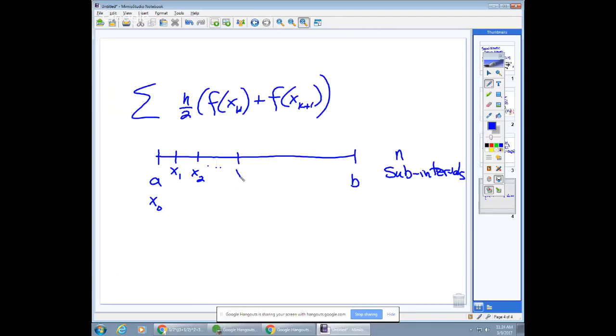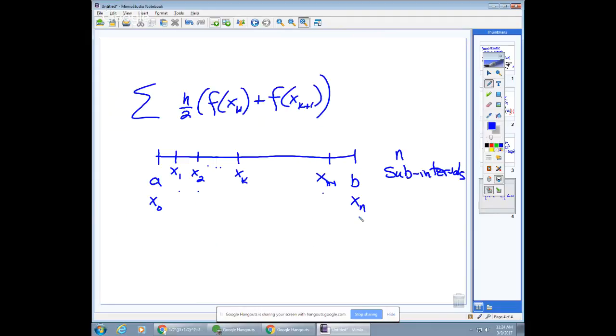Somewhere in the middle is that x sub k, my counter. And then all the way down to the end, the last one here, b, is actually x sub n, and right next to it would be x sub n minus 1. So that's what my subinterval looks like. In the previous example, we had n equal to 4, so I would have 1, 2, 3, 4, puts me at the end there.